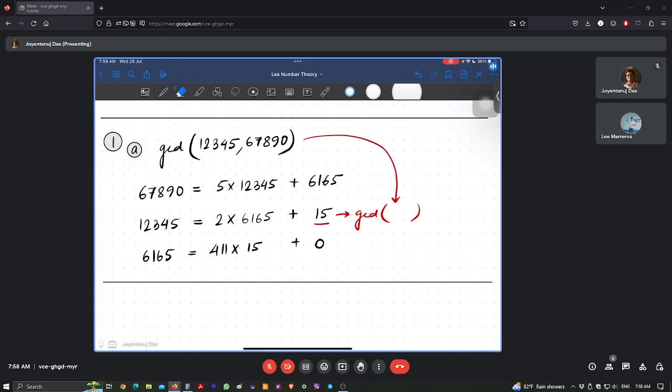Next, the second part is similar. Question 2 tells you to write a program, which you can do later, to find the GCD of a and b. If you input 2 integers a and b, the program should run and give as output the GCD of a and b. That is not a big deal.